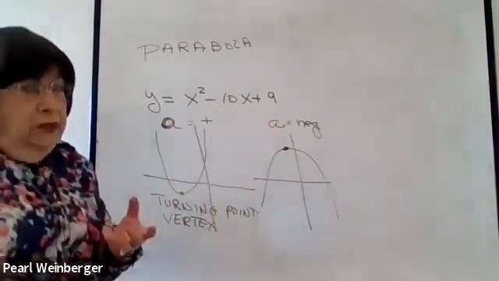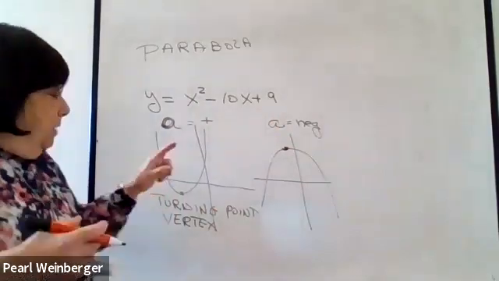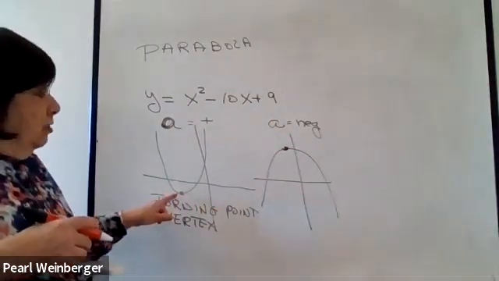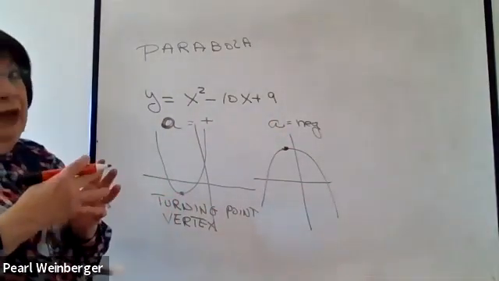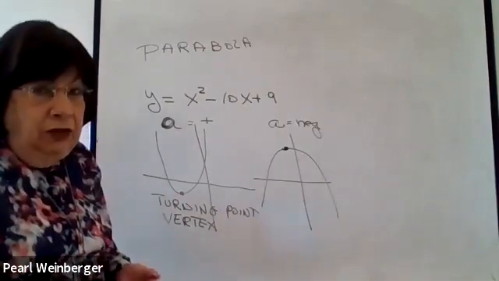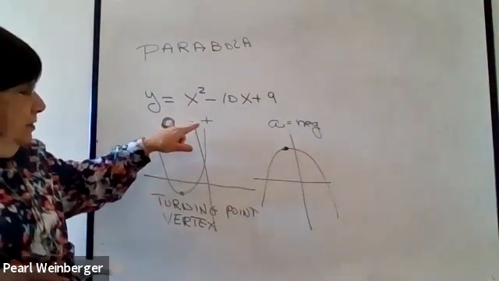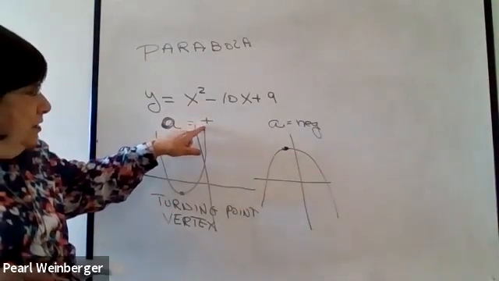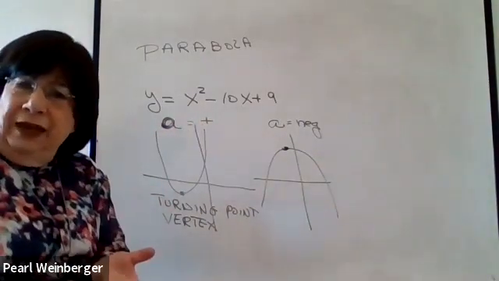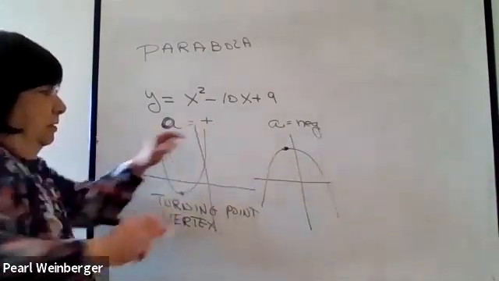So that's going to be very important because if I know what my vertex is, and I also know whether it opens up or down, I really have a very good idea of what this parabola is going to look like. And think about it. Positive, when somebody's positive, they're smiling. This looks like a smile.